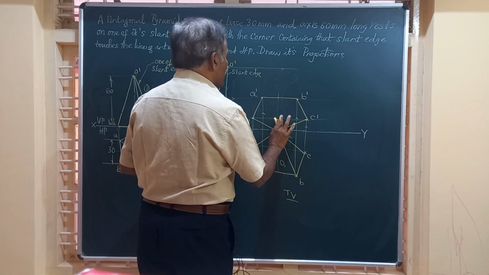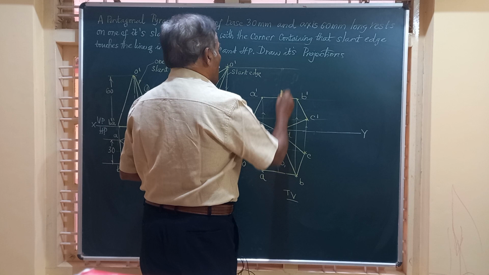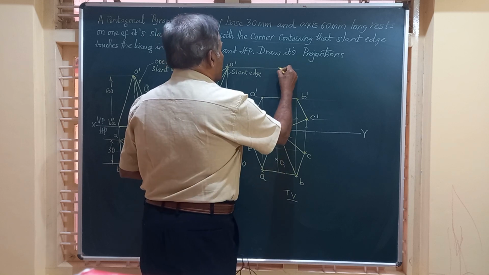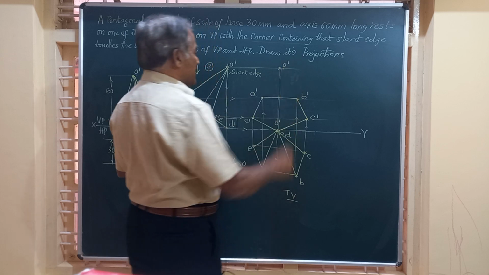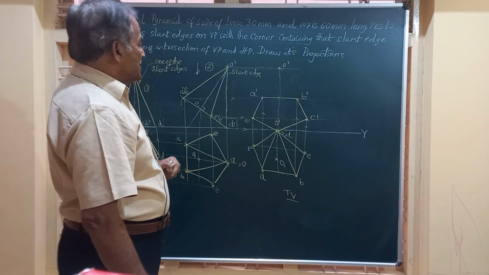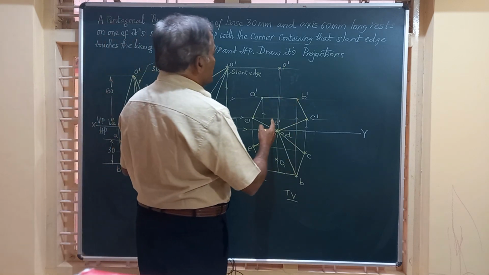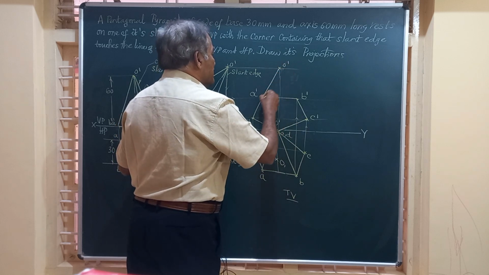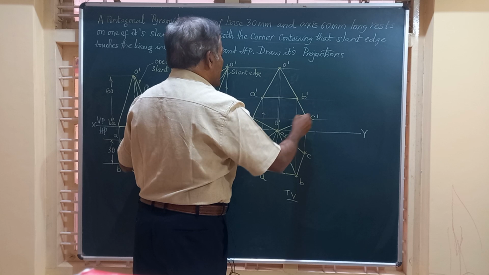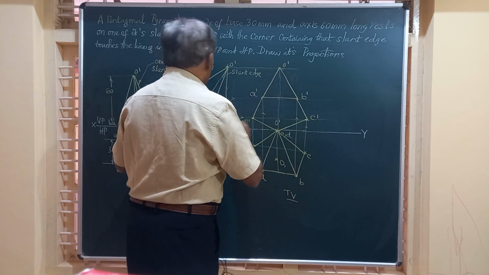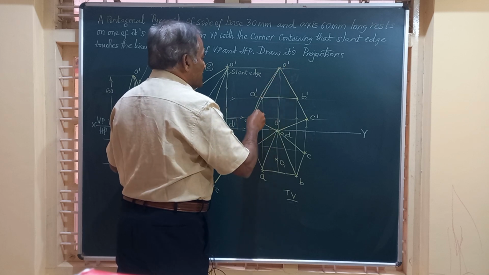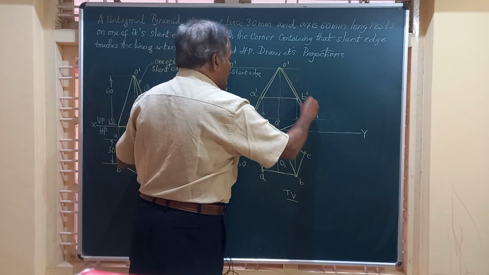This is our O. O dash you say. O dash is the vertex. And friends, we will join this O dash to A dash, B dash, O dash to A dash, O dash to B dash, O dash to this C and E, O dash to C, O dash to E.